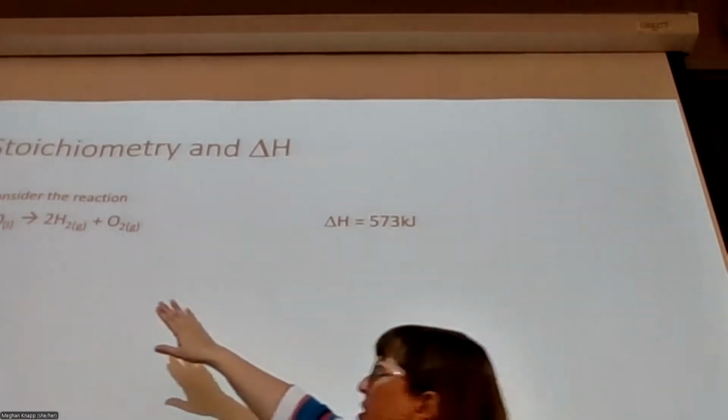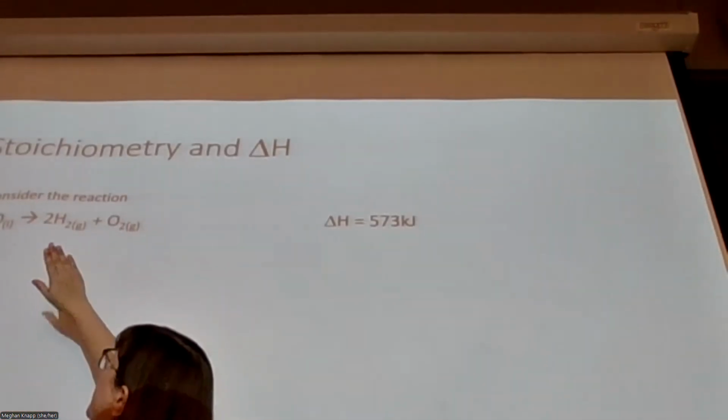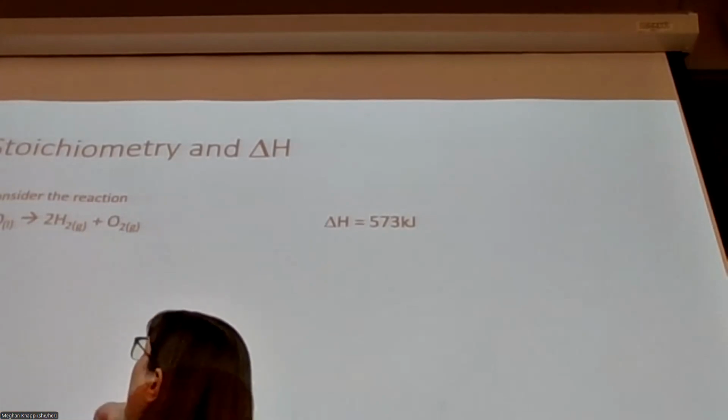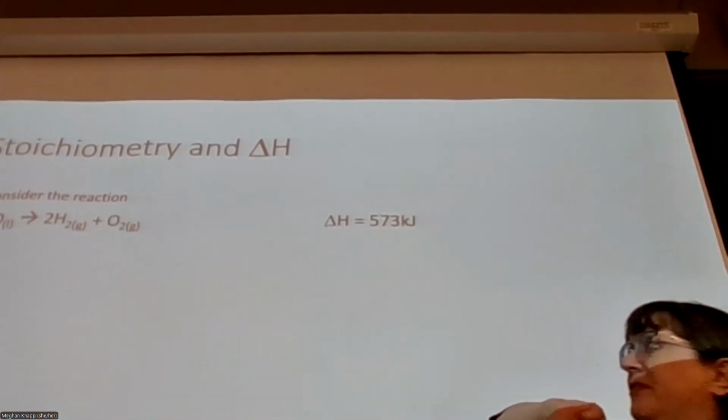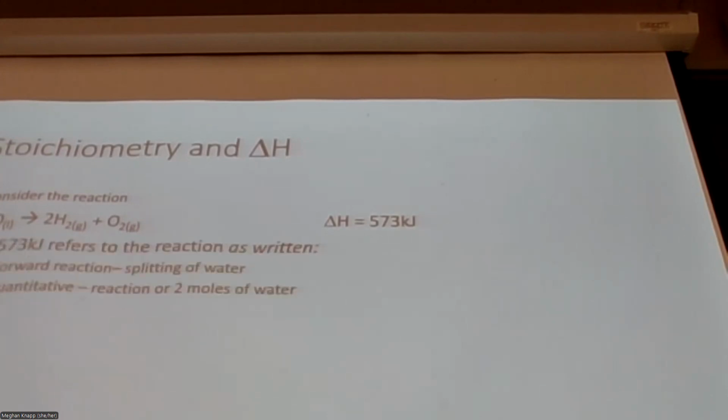So if I have 2 moles of this, and I produce 2 moles of hydrogen and 1 mole of oxygen, this is the amount of heat that I will get out. But if I change the numbers, let's say instead of 2 moles of water, I have 1 liter of water, and I have to calculate how many moles are in that liter of water. That's going to change the amount of energy. So that 573 refers to the reaction as it is written.